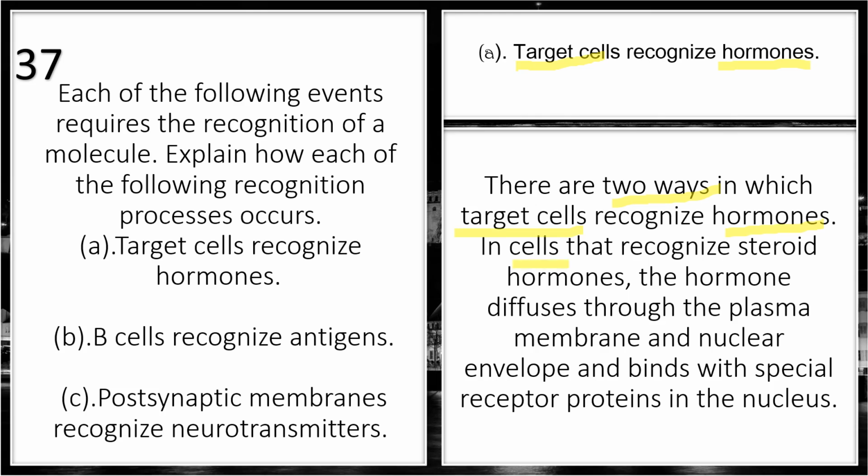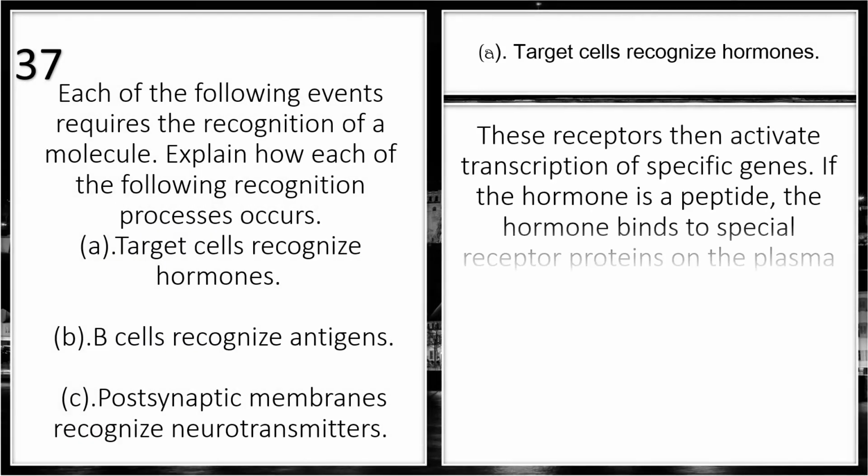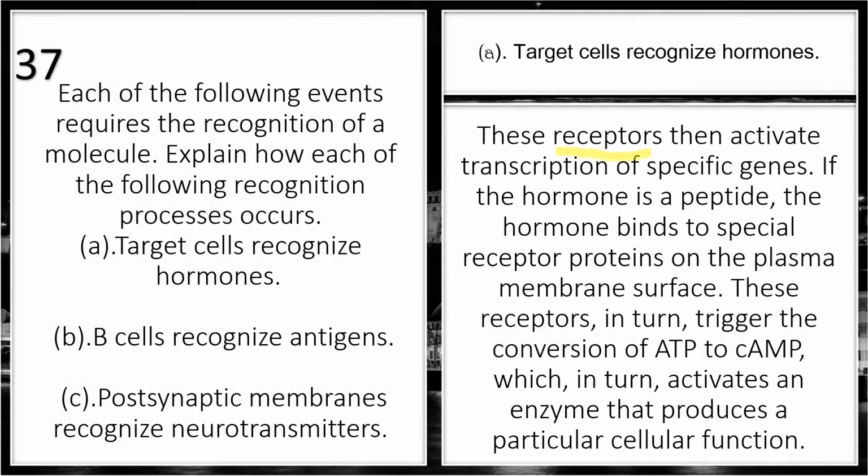In cells that recognize steroid hormones, the hormone will diffuse through the plasma membrane and nuclear envelope and bind with the special receptor proteins in the nucleus. These receptors then activate transcription of specific genes.